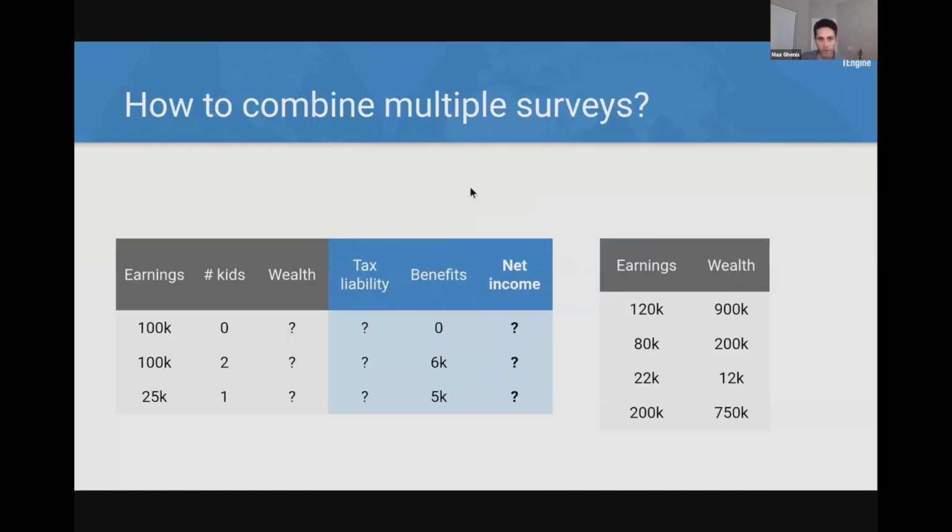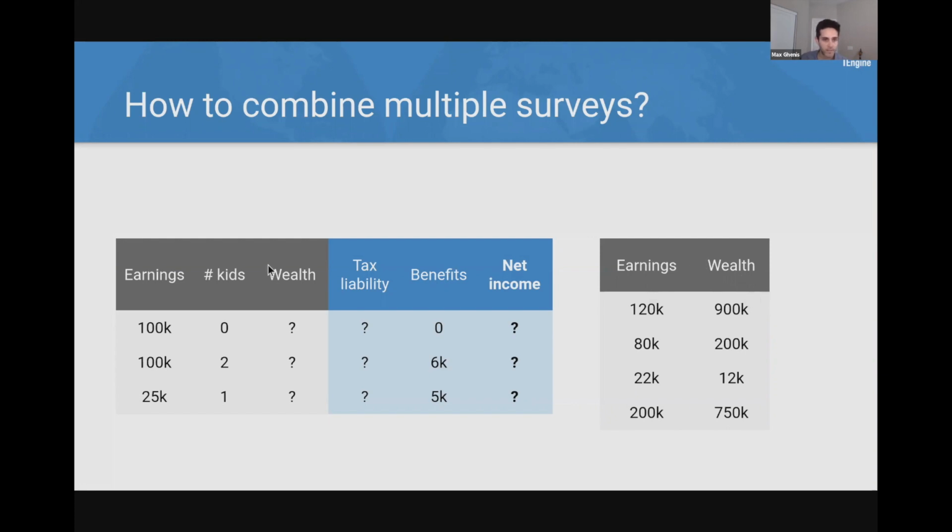But let's say you want to combine multiple surveys. So for example, let's say there's a wealth tax that's being discussed. Well, you don't have wealth in the main survey data set you've used to calculate tax and net income. But there's a separate survey that has both earnings and wealth.